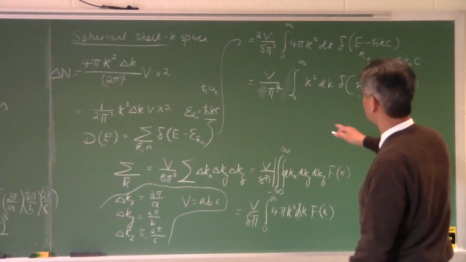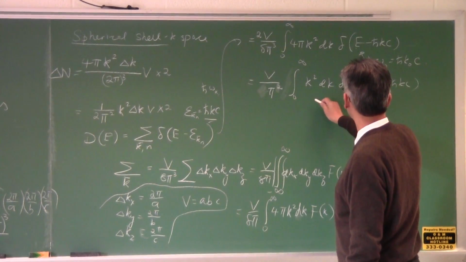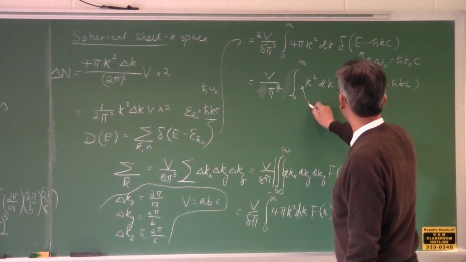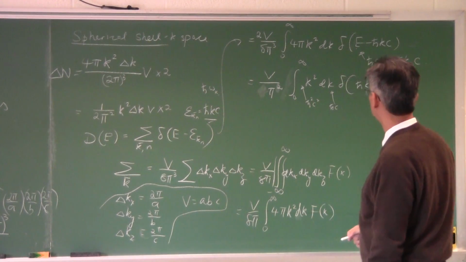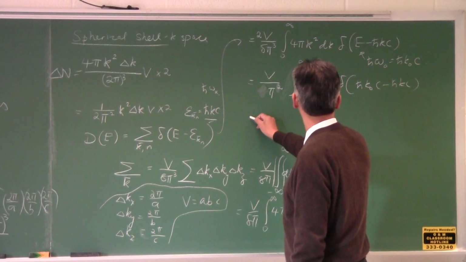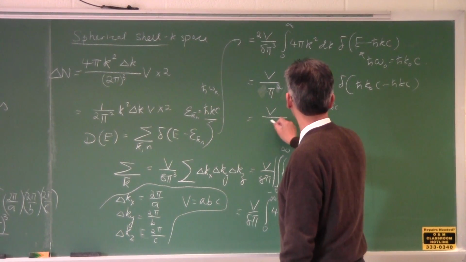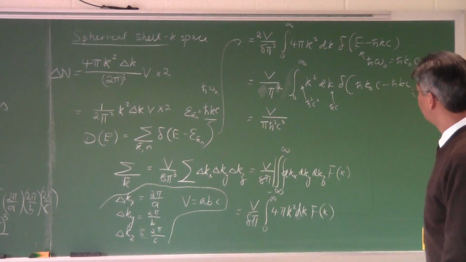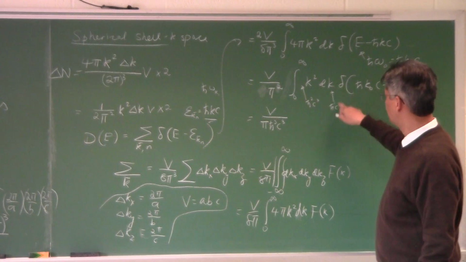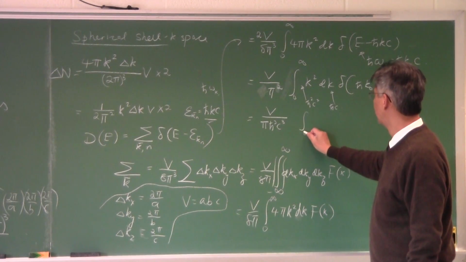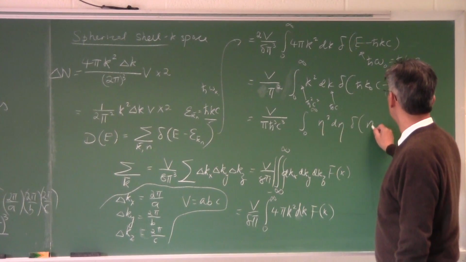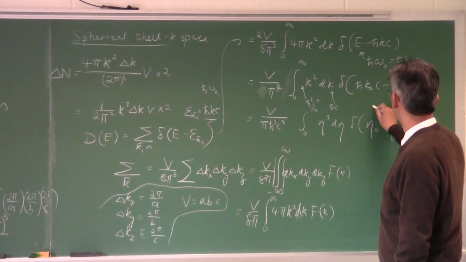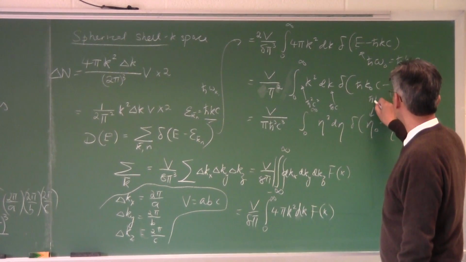If I were to integrate this, then I would multiply this by h squared c squared, or multiply this by hc, and then divide this by b over pi h cubed c cubed, right? I can multiply this by h squared c squared. And then say that this integral is actually eta squared d eta delta eta naught minus eta, and eta naught is just h bar k naught c.